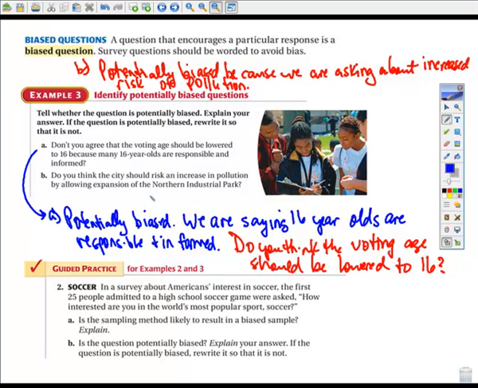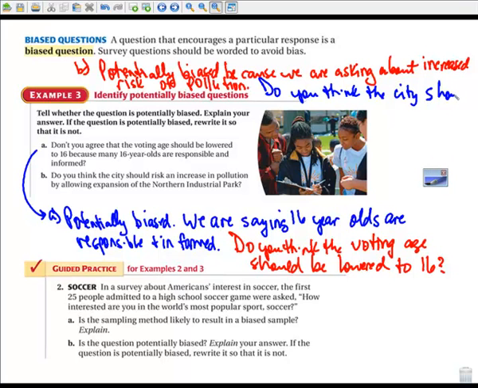We could just say, do you think the city should expand Northern Industrial Park? That's without giving them any background information, increasing pollution, etc.